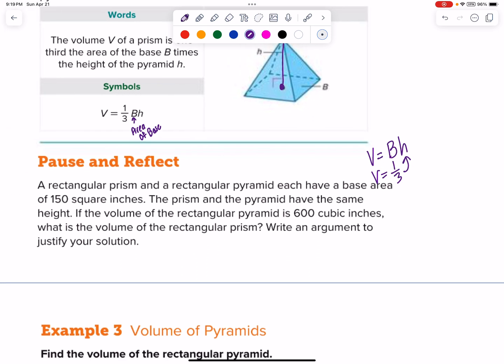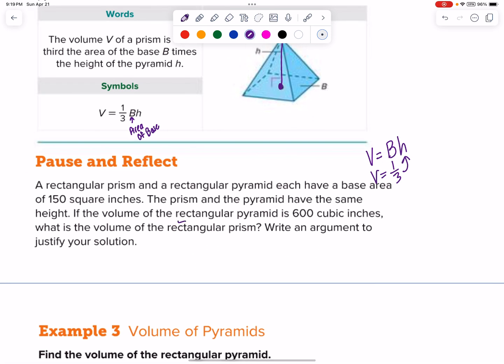Okay, so they're saying to you that the rectangular pyramid is 600 cubic inches. Okay, and they're saying, well, if the rectangular pyramid, okay, this one is 600 inches cubed, what would the regular prism be, this one, if it has the same base?